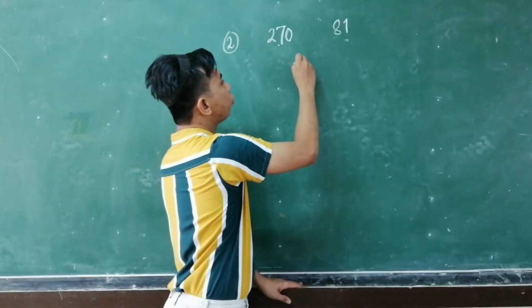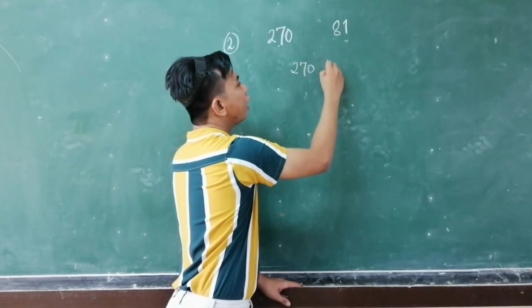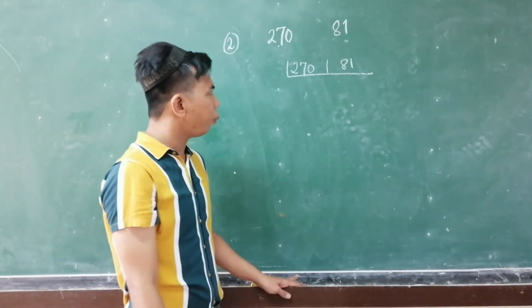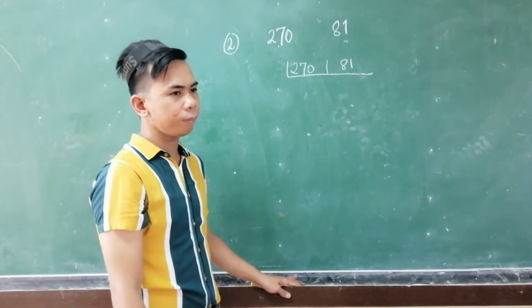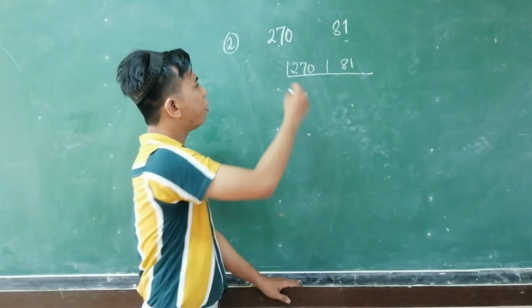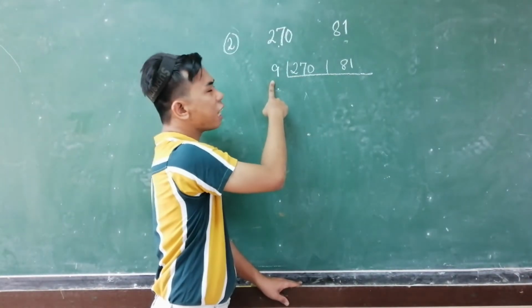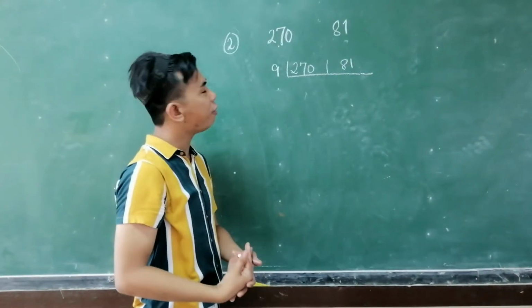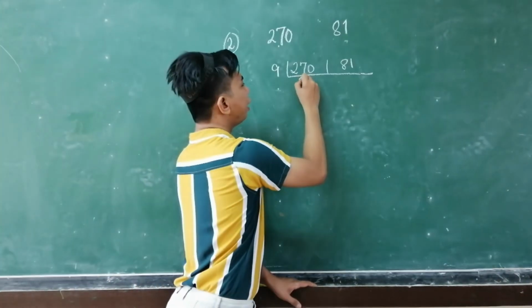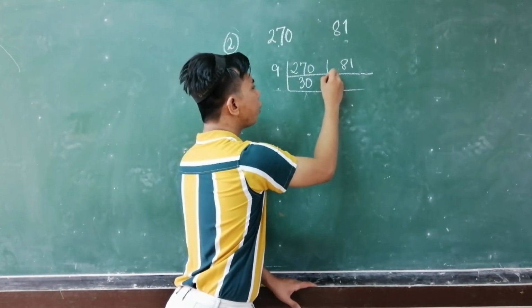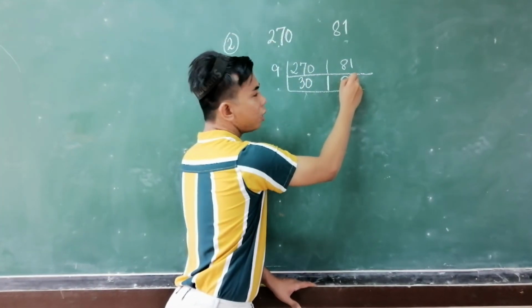So what do you think the number can be divided in these numbers? Okay, let's see if 9 will do. 270 divided by 9 is actually the same as 27 divided by 9 is 3. But we have 0, so it's 30. And then we have 81 divided by 9, 9.